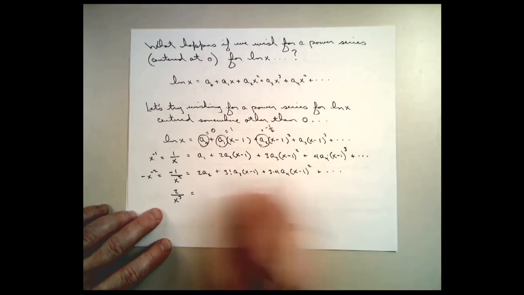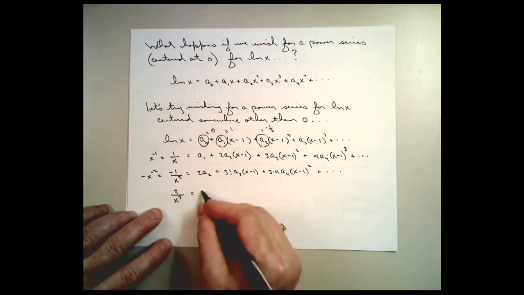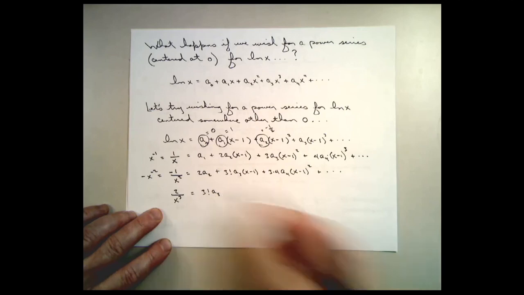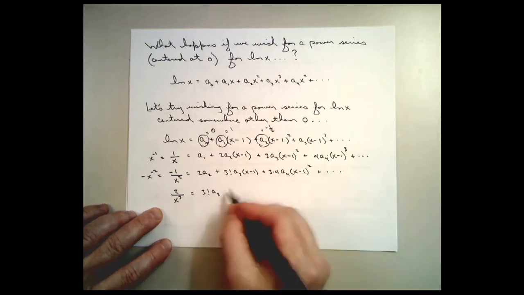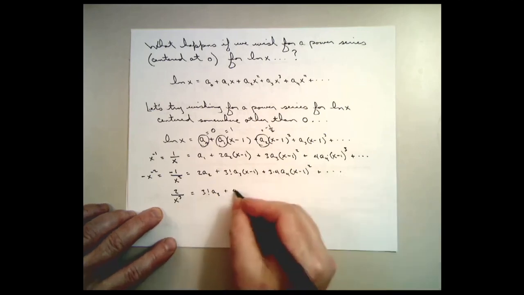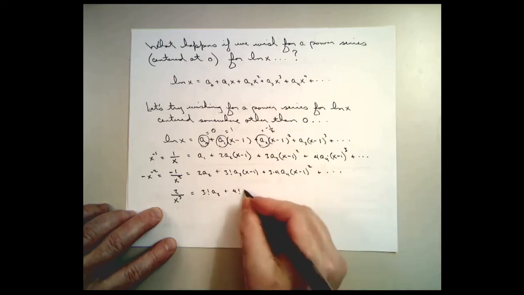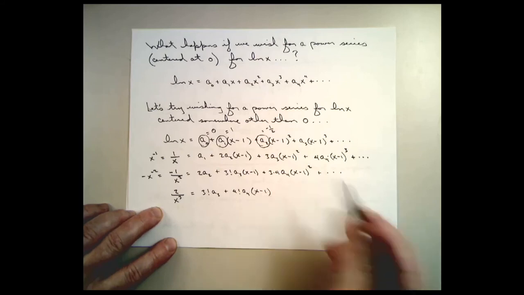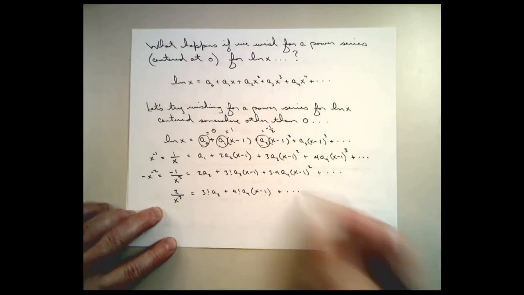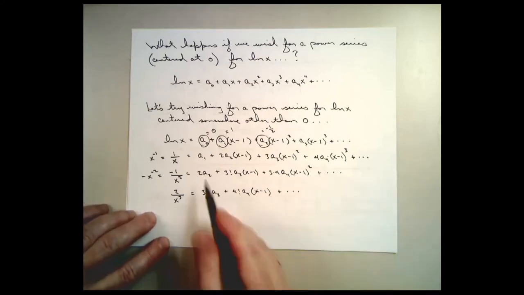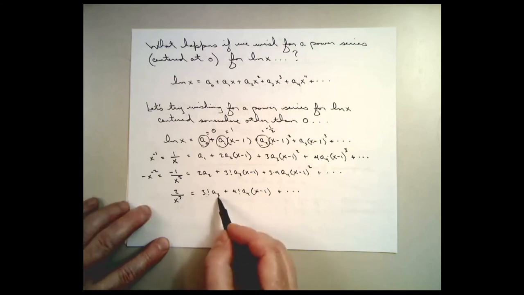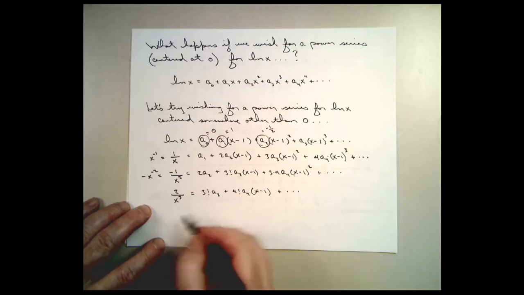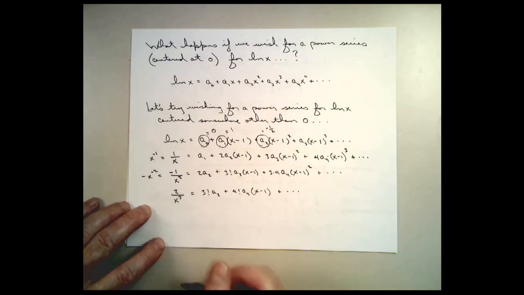Right over here, I'm going to have 3 factorial a3 times 1, 4 factorial a4 times x minus 1, and so on. This side's going to collapse down to 3 factorial times a3 whenever x is 1, and whenever x is 1, this is 2.